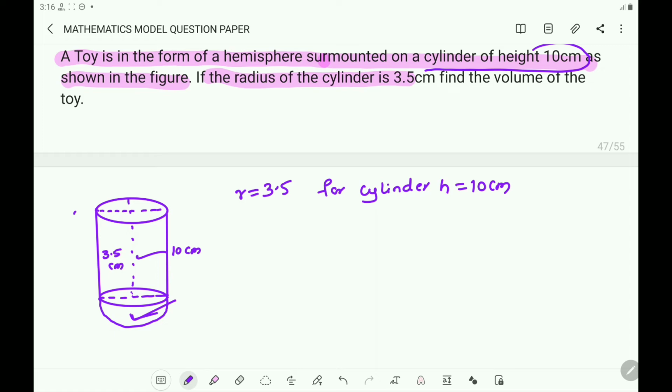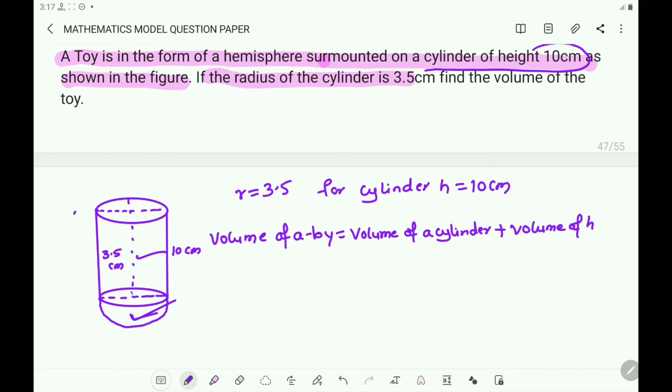So you write volume of a toy equals volume of a cylinder plus volume of hemisphere.